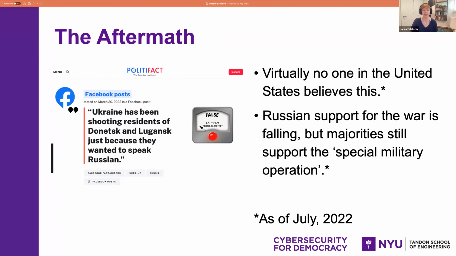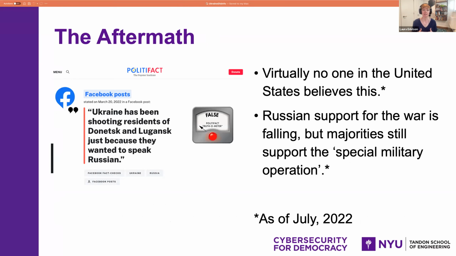Okay, but this still has an aftermath. There are really two different trajectories of how this landed. I think most people here are probably familiar with how this landed in the West and in the Western information ecosystem.